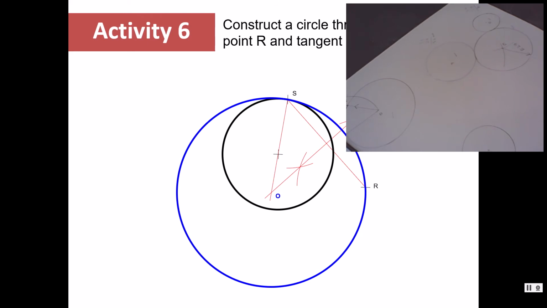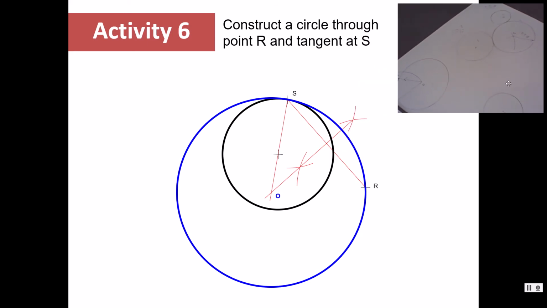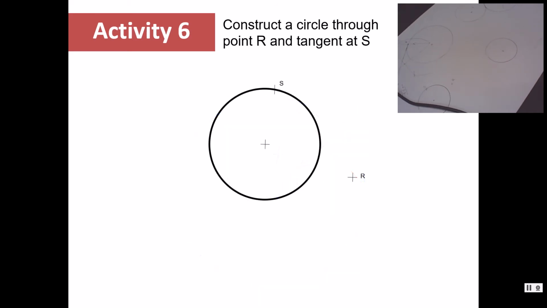So now we move to activity 6. Okay, so for activity 6, we want you to construct a circle through a point R and tangent at S. Okay, so we have a small circle here, and we just put point S here, and we have another point R. So you want to draw a bigger circle that goes through point R and at the same time touches tangent at S. So how can we do that?